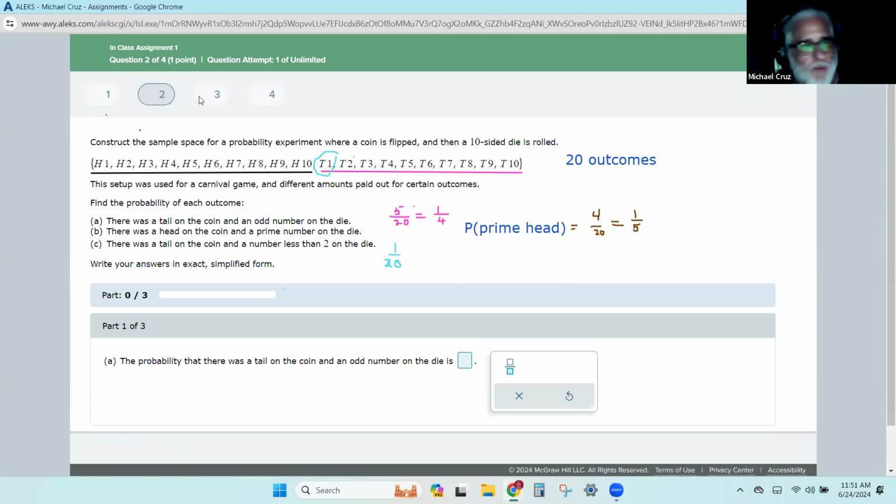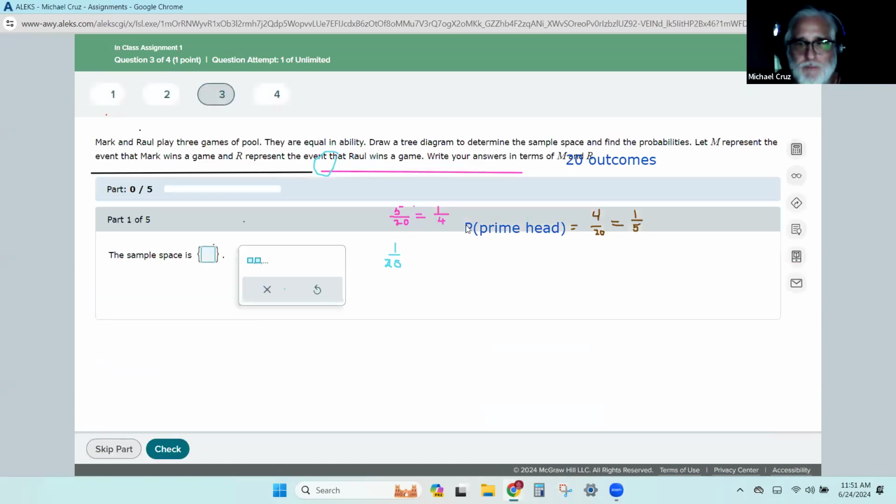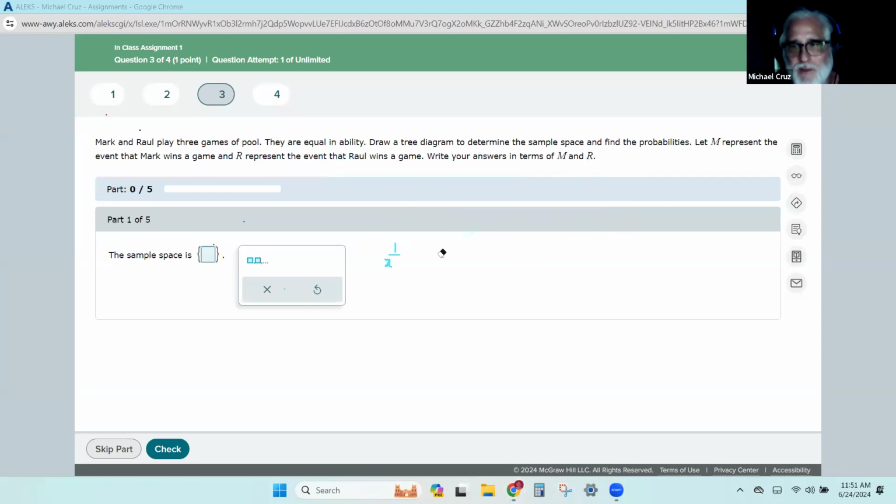Let's see what the third one is like. This is that Mark and Raoul thing. The reason why I can rattle out the sample space is just because I've just done this when I did the Mark and Raoul thing.